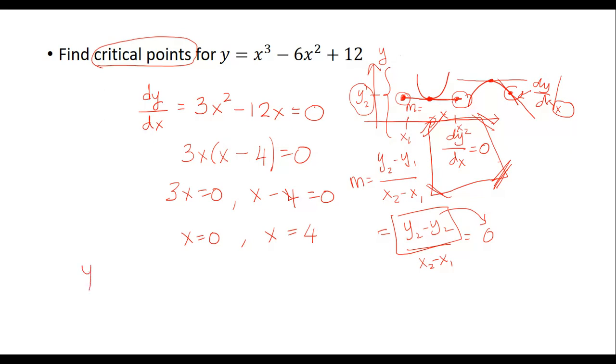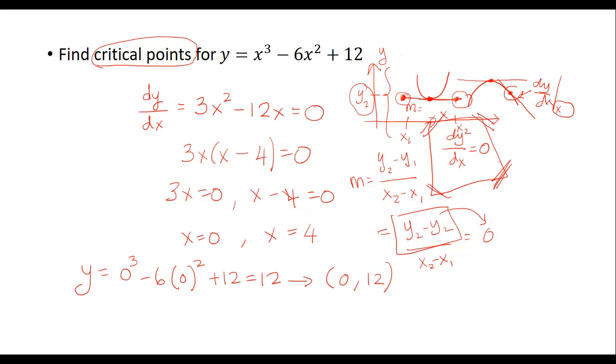You can just look back at your original y equation, and put x equal to 0 in the first one. I also put the power 3, just in case you forget. Then you get 12. So your first critical point is 0, 12.